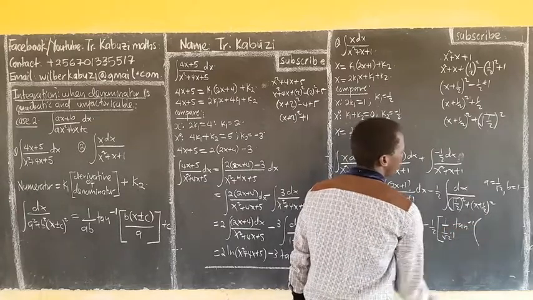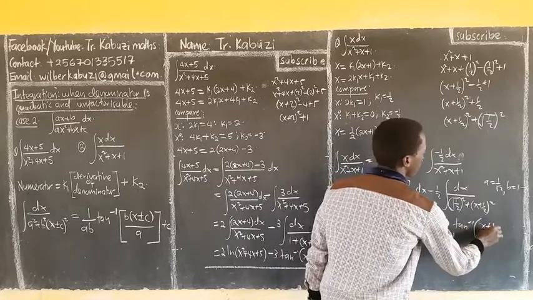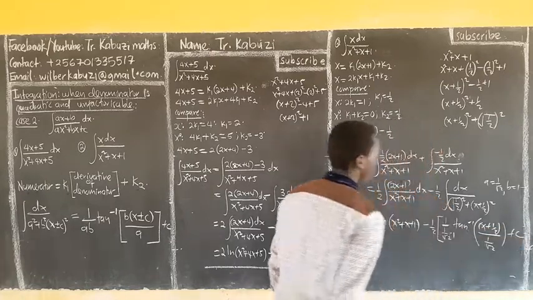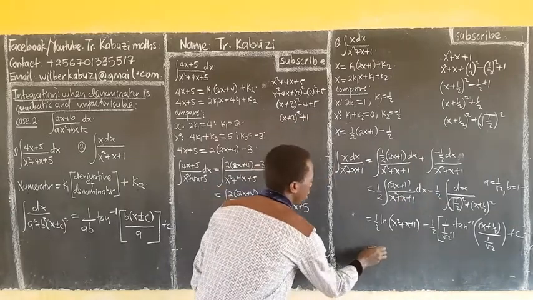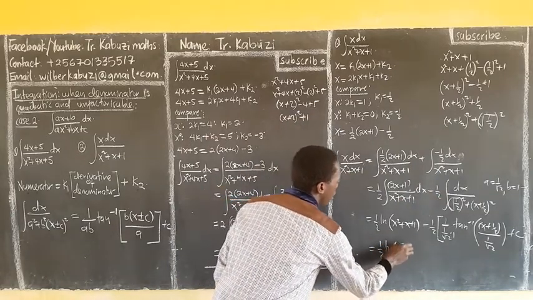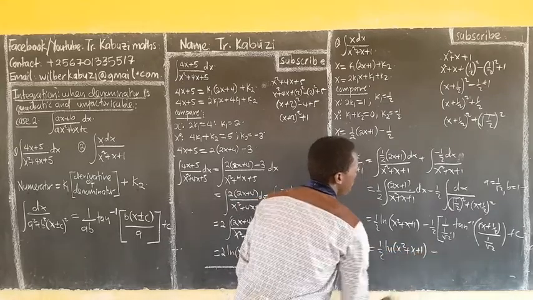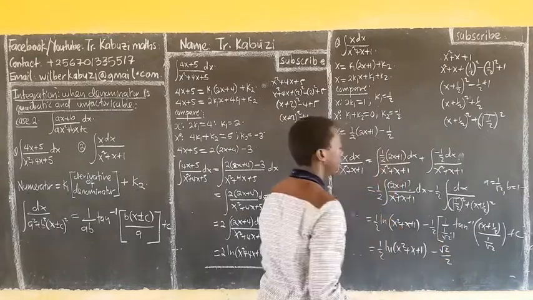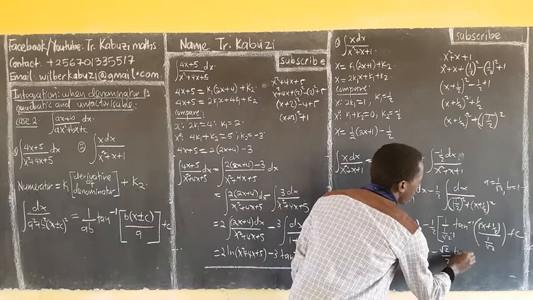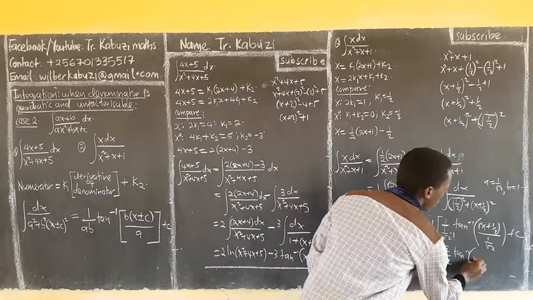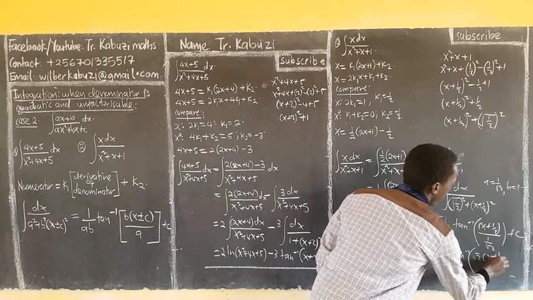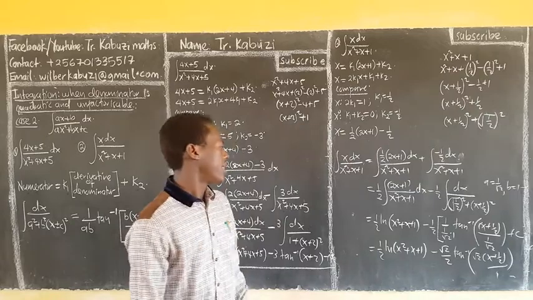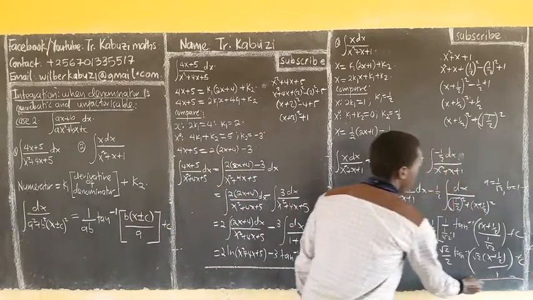Then tan inverse of 1 over root 2, plus c. Which you can easily simplify to, this will be a half now. Then minus, the reciprocal of this will be now root 2 over 2, this 2 will go down. Then tan inverse of, over 1 if you want. Then plus our constant of integration.